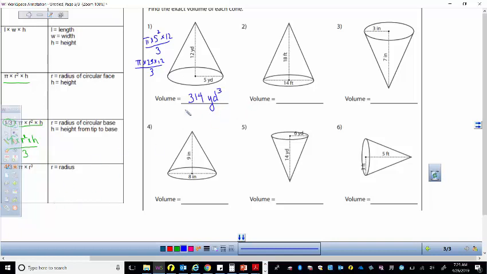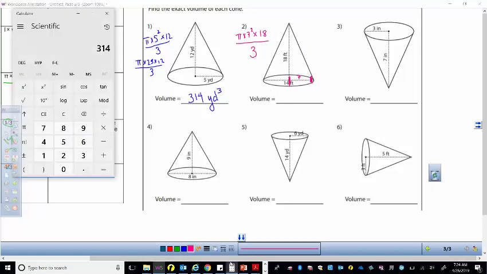Okay, let's look at number 2. Number 2 has a little thing that you need to notice. It gives you the diameter, so you need to only use the radius, so you want half. Half of 14 is 7. So I'm going to have pi times 7 squared times 18, and then I'm going to take that answer and divide by 3 because it's a cone. In my calculator, 7 times 7, because I have to do the power first, is 49.